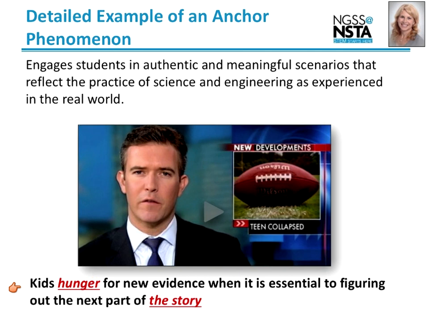And I describe that as kids hungering for new evidence when it is essential to figuring out the next part of the story. You may have heard of unit design as storylining. The way that I like to conceptualize that is as a child, I loved story time. I loved sitting on the carpet and listening to my teacher read us a book, read us a story.